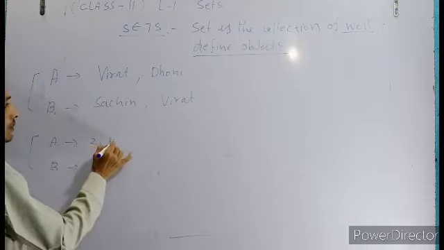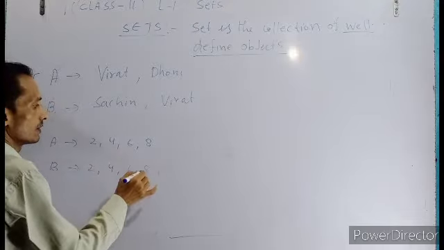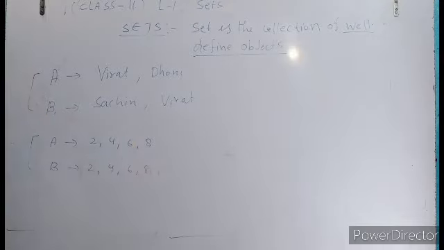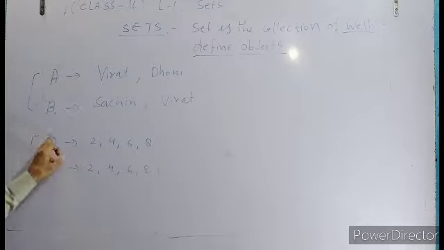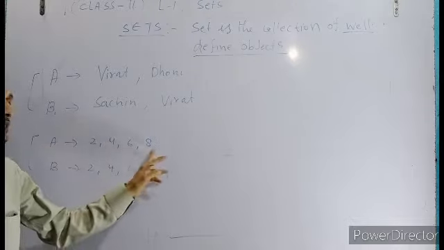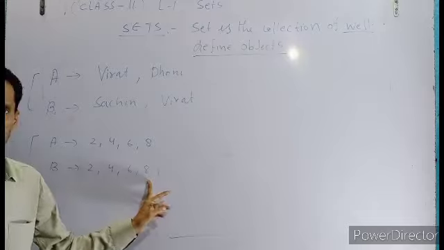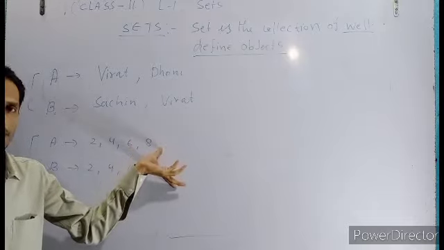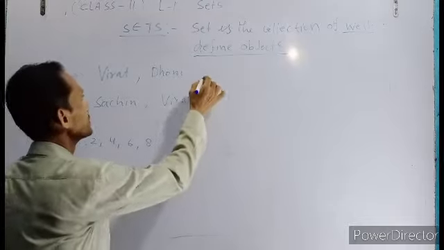And B told me 2, 4, 6, 8. Both have the same answer, so you can see that there is no change. According to the views of A, that is 2, 4, 6, 8. According to the views of B, that is 2, 4, 6, 8. So views are not changed here, but in the earlier example views are changed. So that is not well-defined.